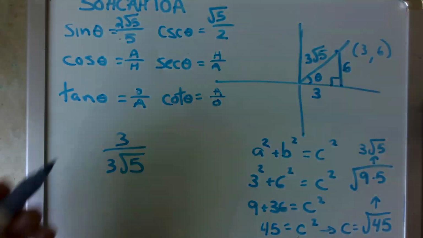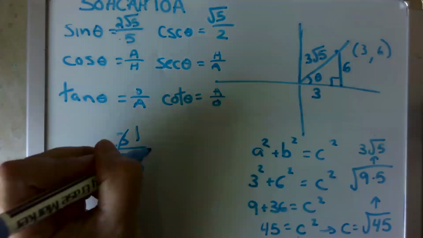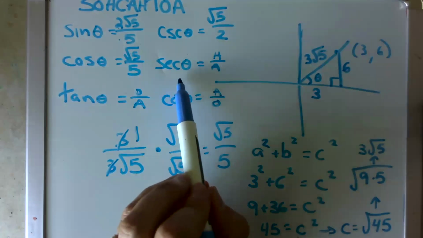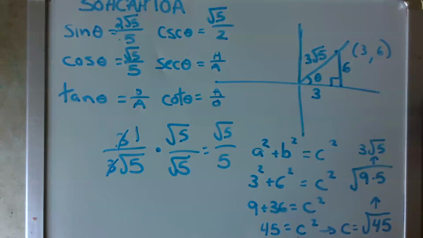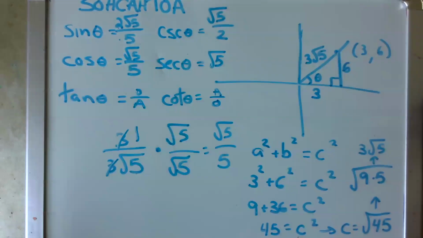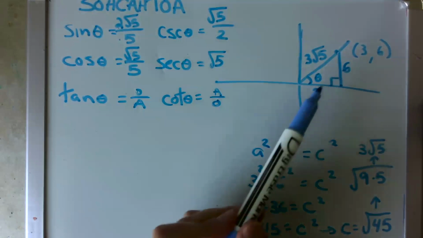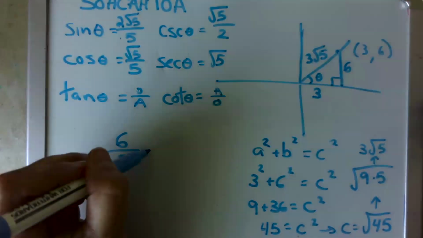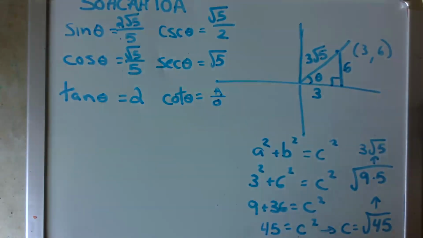Cancel those 3's. 1 over root 5, that's right. Rationalize the bottom. Root 5 over 5. My cofunction secant is going to be the hypotenuse over the adjacent. Those 3's will cancel, leaving me just with the square root of 5. And now finally, let's do it for tangent. Opposite over adjacent, 6 over 3, or just 2, and now I'm going to flip it, 3 over 6, or 1/2.